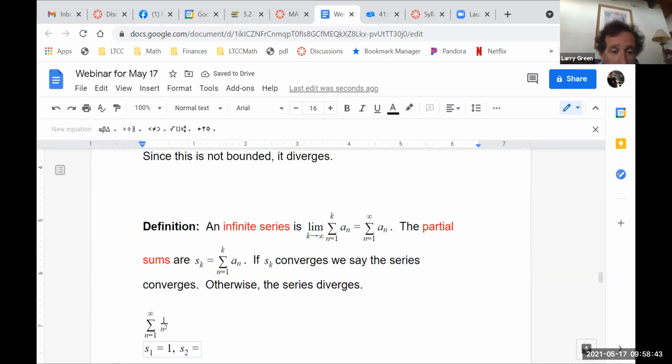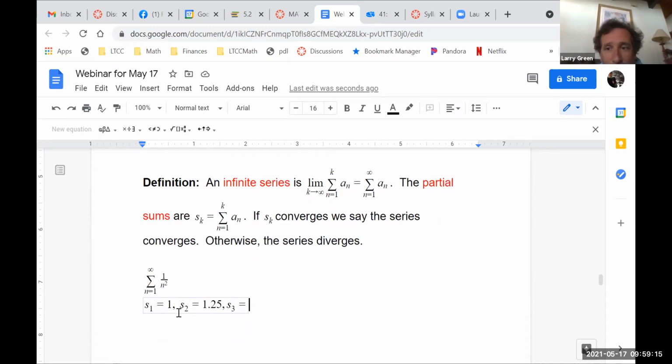That's going to be 1 over 1 squared plus 1 over 2 squared, which is 1 plus a fourth, or 1.25. And then there's S sub 3. And that's going to be 1 plus a fourth plus a ninth.